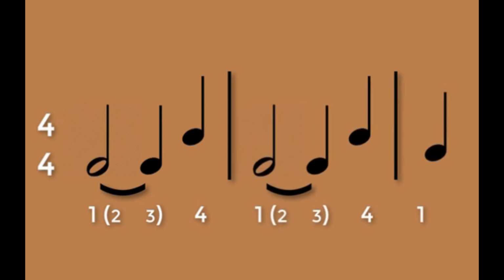But if I tie that half note to that first quarter note, now that half note goes for 3 beats, leaves a quarter note by itself at the end. So it's going to sound like 1, 2, 3, 4, 1.